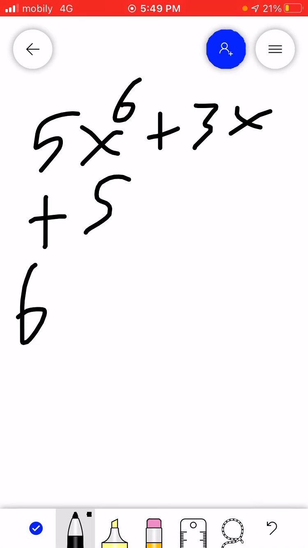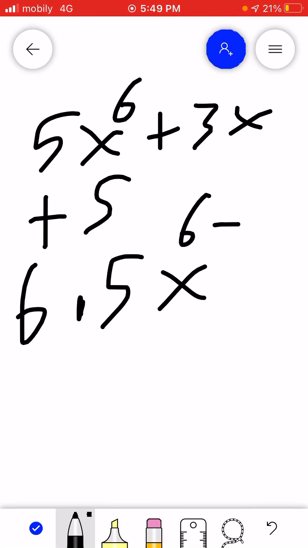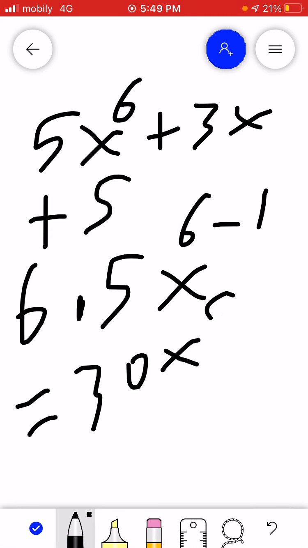Well, 6 times 5x to the 6 minus 1, we get 30x to the 5. And then 3x, we know that it's actually 3, so plus 3, because x is to the first power, and 1 minus 1 is 0, so anything to the 0 is equal to 1.